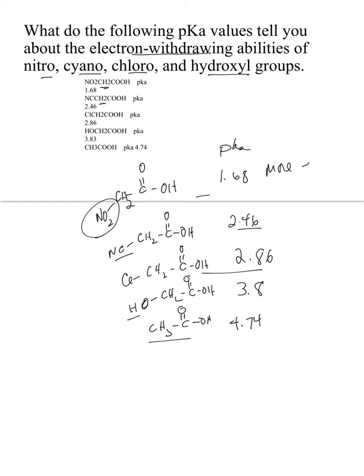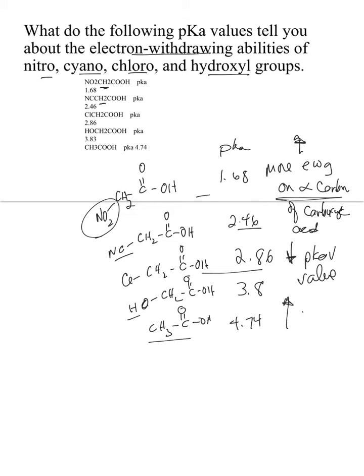So the more electron withdrawing group on the alpha carbon of your carboxylic acid, if you increase the electronegativity on your alpha carbon, you decrease the pKa value. That increases the acidity of this proton. This is the proton that's being affected. So that proton is more acidic if you put an electron withdrawing group on the alpha carbon of your carboxylic acid.